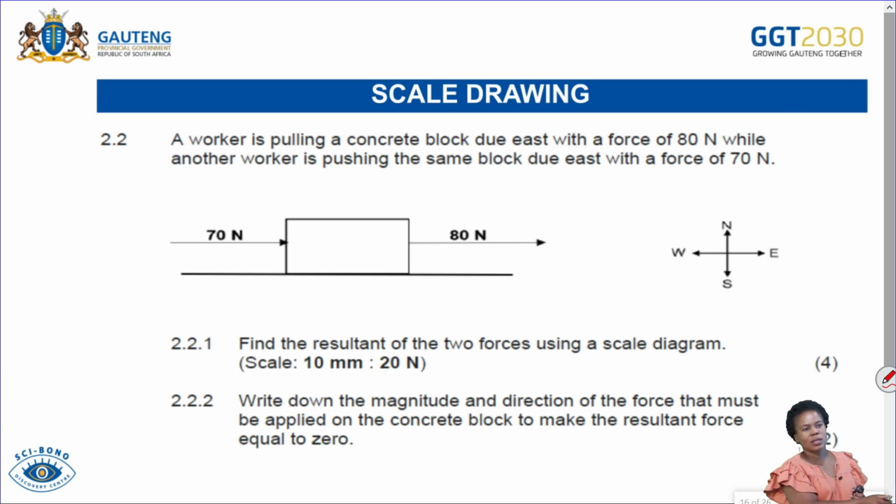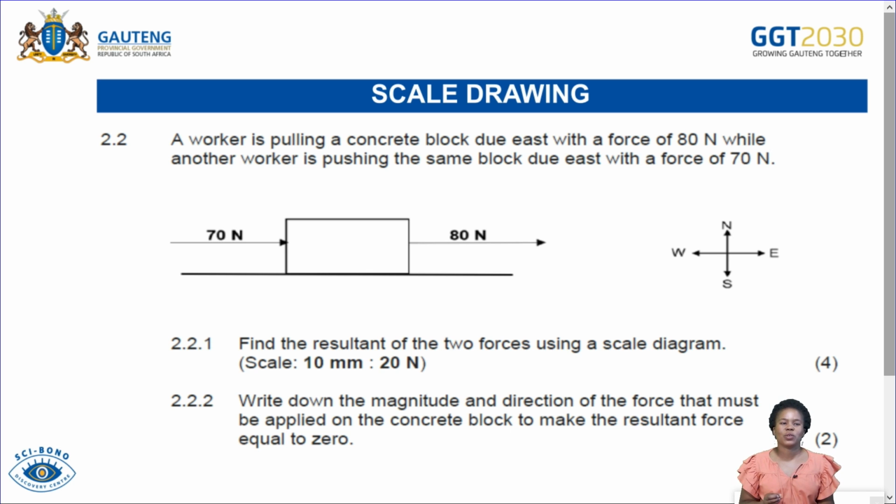2.2 goes on to say a worker is pulling a concrete block due east. And then they give us, reminding us about the compass direction in there, which is very good. It says a worker is pulling a concrete block due east with a force of 80 newtons, while the other worker is pushing the same block to the east with a force of what?